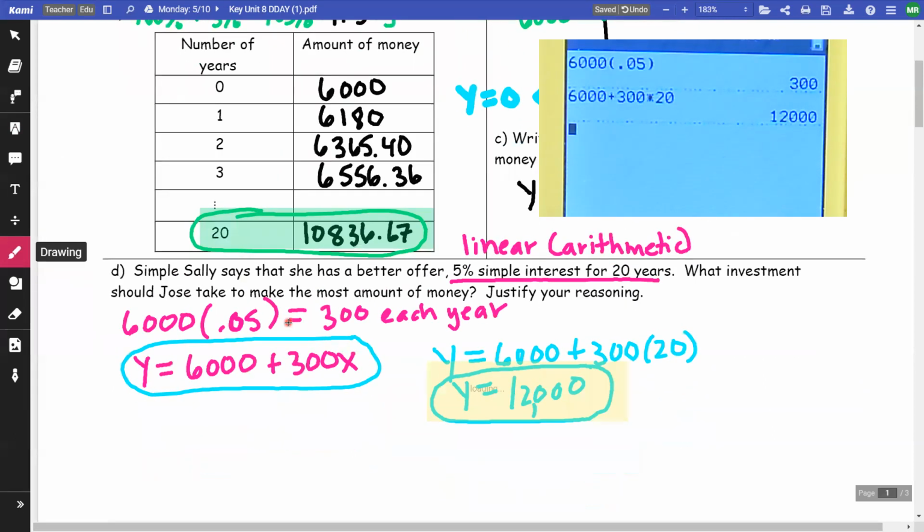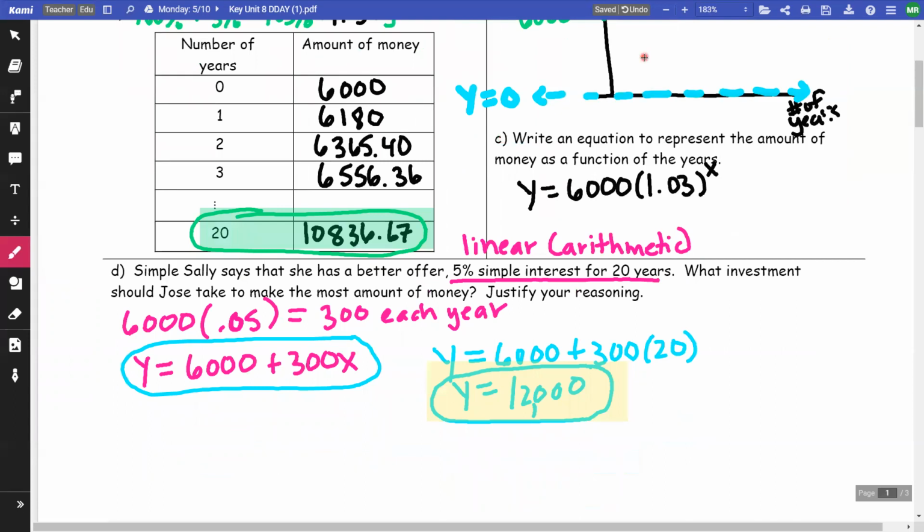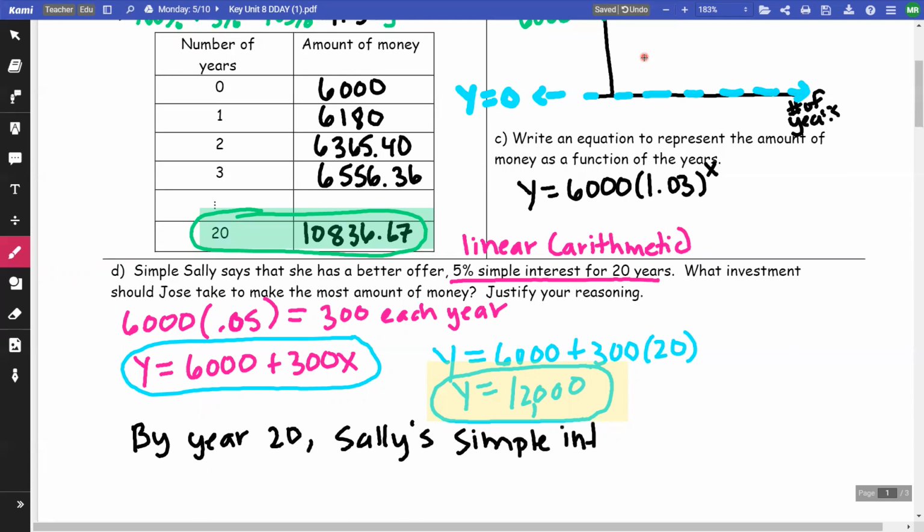In this case, by year 20, Sally's simple interest at 5% will be worth more.